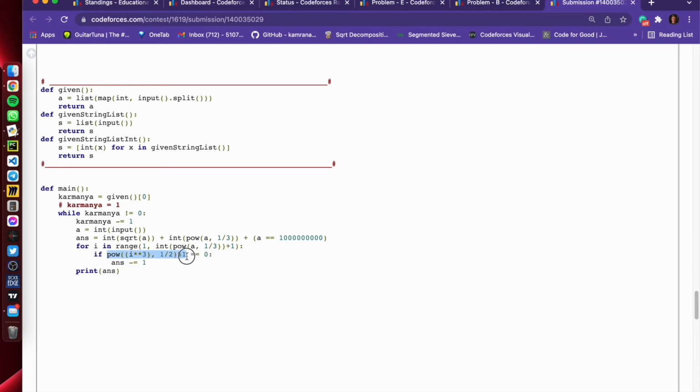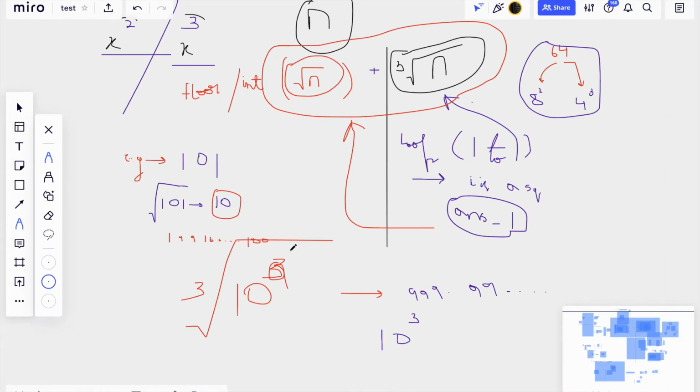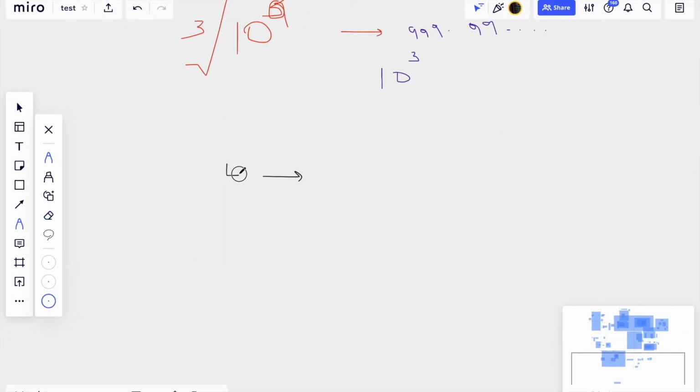If the square root of the cube of that number, percent 1, is 0, that means the square root of that cube is divisible by 1, so it's a perfect square. Let's suppose it's 4, and I'm taking the cube of that number, and then I'm taking the square root of that, which gives me 8.